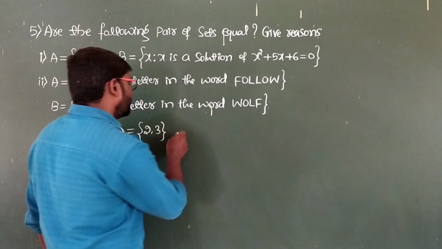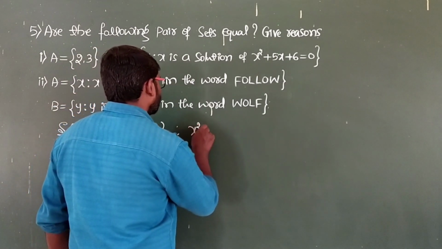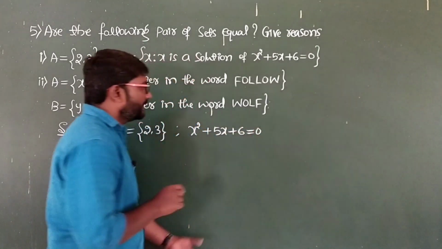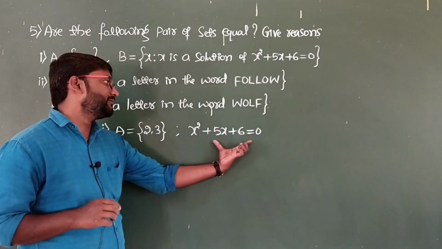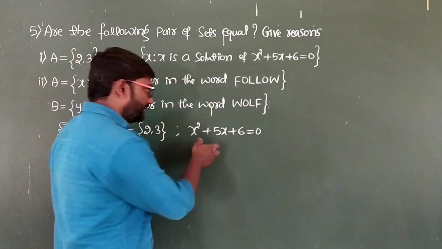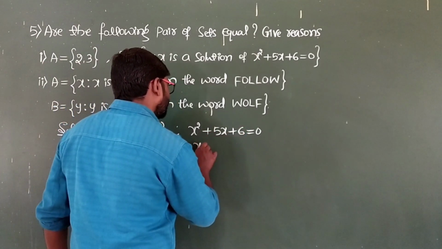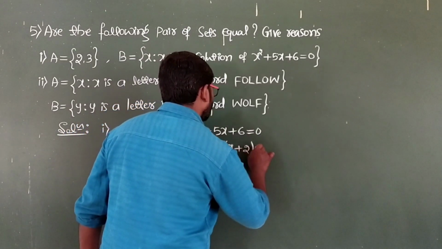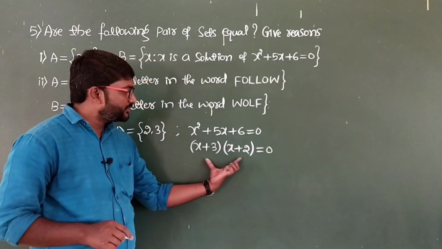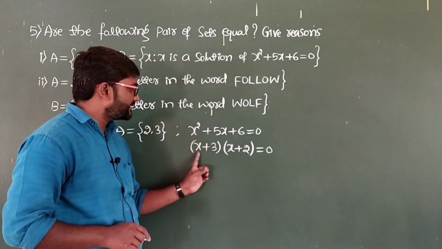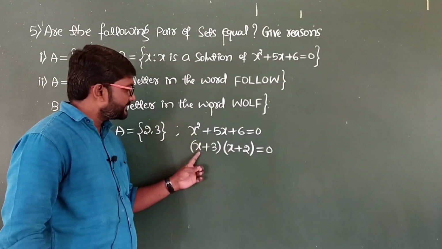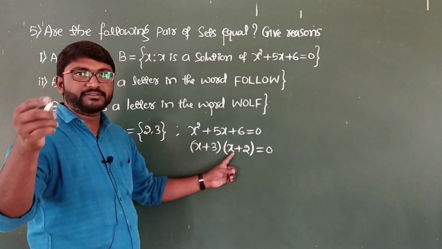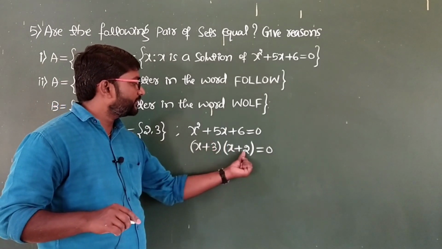So let us solve that quadratic equation now. x square plus 5x plus 6 equals 0. We have to solve this by factorization method or the formula method. So this can be written as (x plus 3) into (x plus 2) equals 0. Multiply these two terms, you get back the previous term. x into x is x square, then x into 2 is 2x, plus 3 into x is 3x. 2x plus 3x will be 5x and then 3 into 2 is 6.